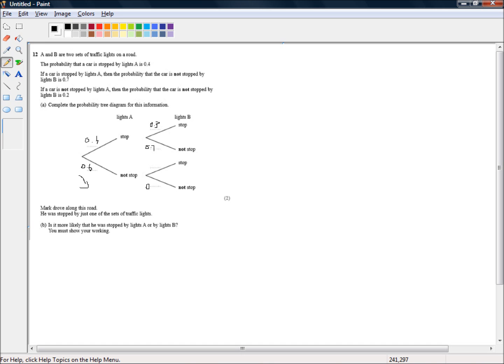So if the probability that it's not stopped is 0.2, then the probability that it's stopped has to be 0.8, because the probability that it's stopped or not stopped has to be 1. And that's completed our probability tree diagram.